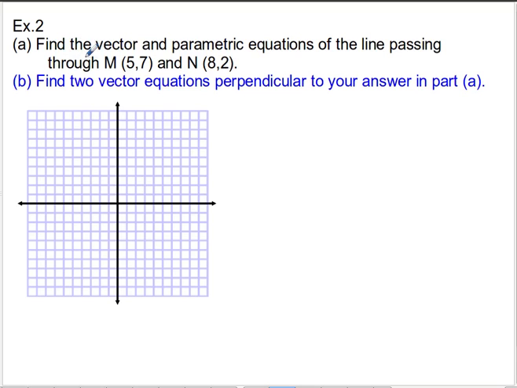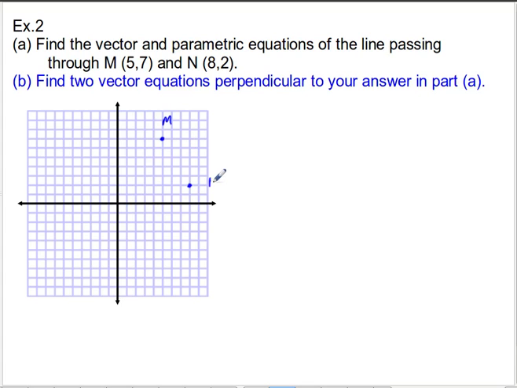So for exercise 2, find the vector and parametric equations of the line passing through the points M(5, 7) and N(8, 2). So M is (5, 7): 1, 2, 3, 4, 5, 1, 2, 3, 4, 5, 6, 7. So there's the point M. N is (8, 2): 1, 2, 3, 4, 5, 6, 7, 8, 1, 2.